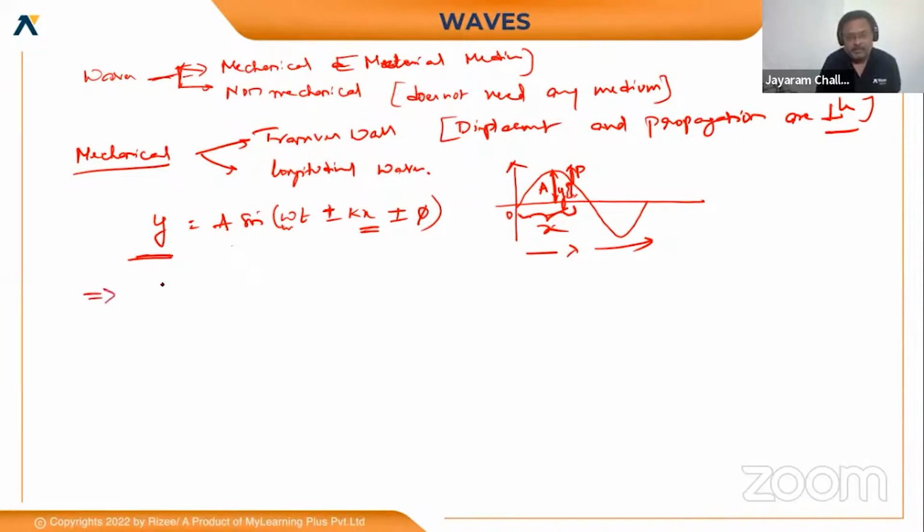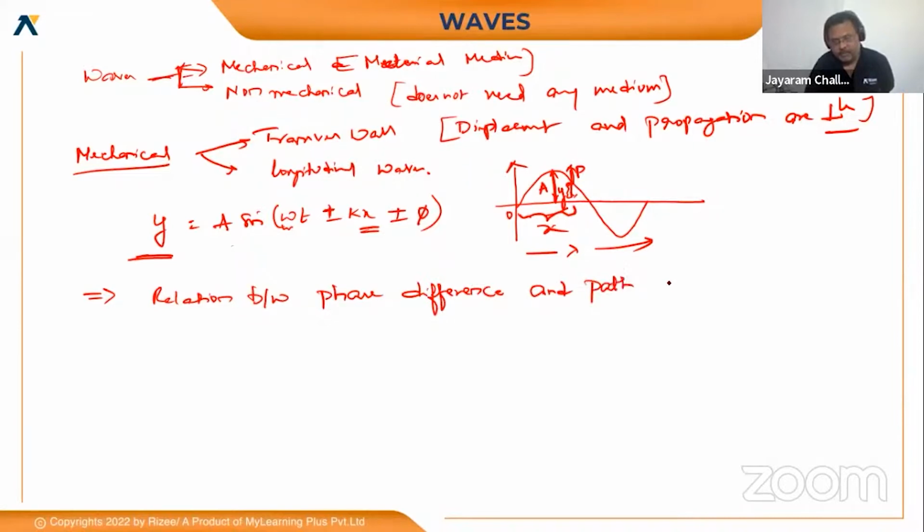And next, what are the important formulas we need here? The relation between phase difference and path difference. The phase difference delta phi is equal to 2 pi by lambda into delta x, where delta x is called your path difference, that is the difference in the path traveled by the waves.